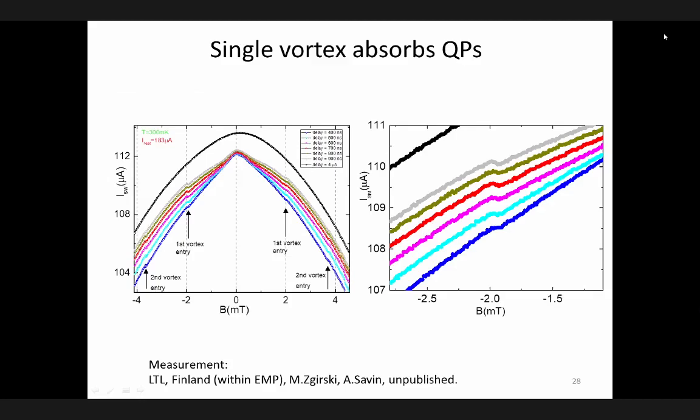But now when we send this heating pulse and we measure the switching current at the time at which we expect the quasi-particles to arrive at the junction, so say this is 400, 500, 600, 700, 800, 900 nanoseconds after we send the heating pulse, then we will see that this is the zoom in of this part.